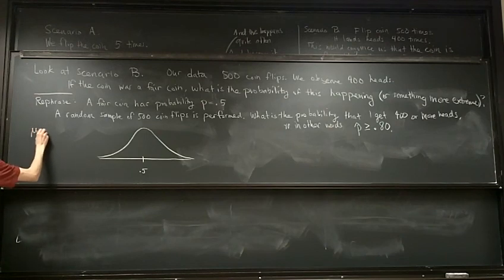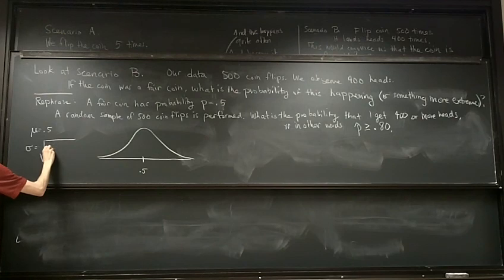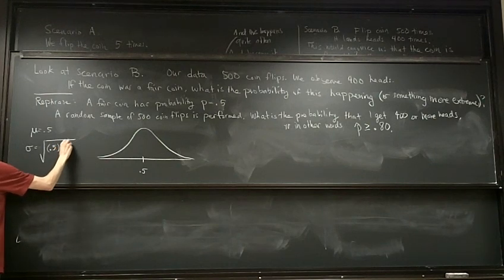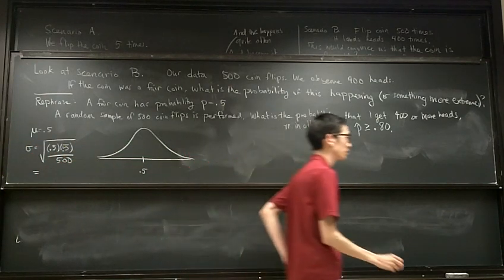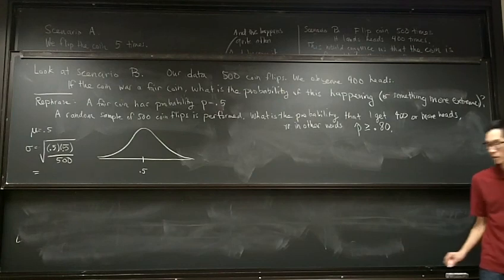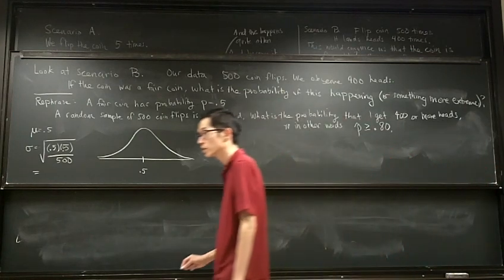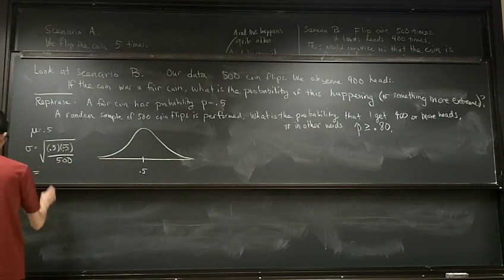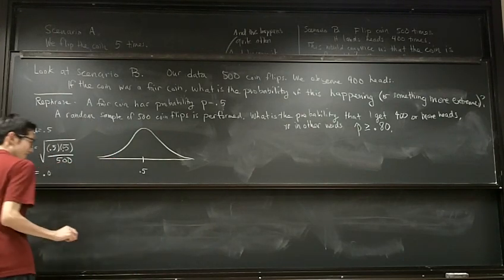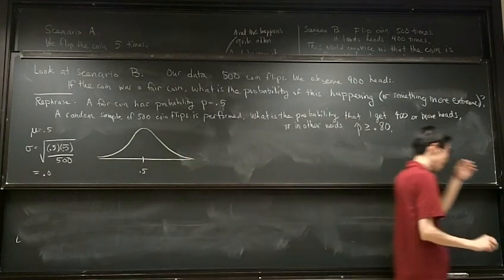So my mean is 0.5, and my standard deviation would be the square root of 0.5 times 1 minus 0.5, which is also 0.5, divided by 500. So I get a standard deviation of 0.02236067.